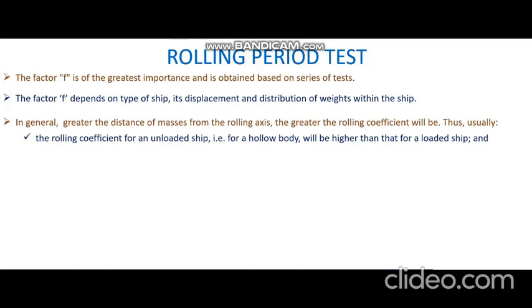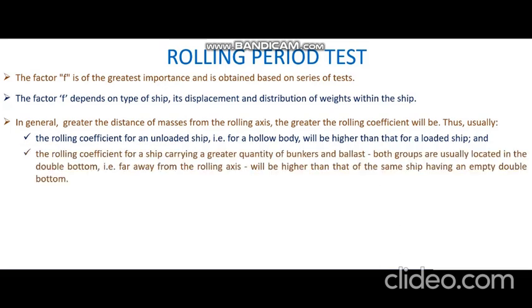The weight concentration will be closer to the rolling axis. Therefore, the rolling coefficient will be relatively lesser. So the rolling coefficient of an unloaded ship will be higher than for a loaded ship. And the rolling coefficient of a ship carrying a greater quantity of bunkers and ballast, both of which are located in the double bottom away from the axis, will be higher than that of the same ship having empty double bottom tanks.